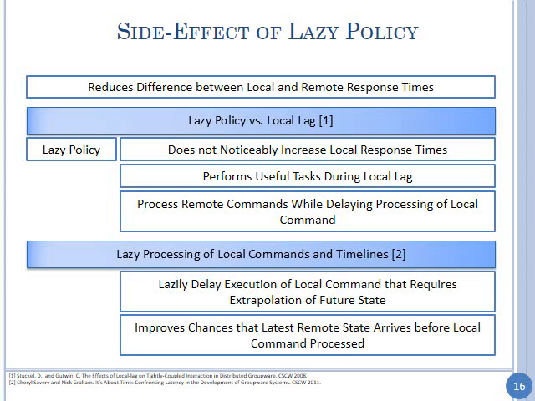Well, if you lazily delay execution of the local command that requires extrapolation of a future state, then the chances improve that the commands that would update the remote state for you locally are going to arrive, and therefore it's going to reduce execution against incorrectly predicted future state. The net result is that the jarring effects in the user interface that occur would be reduced.